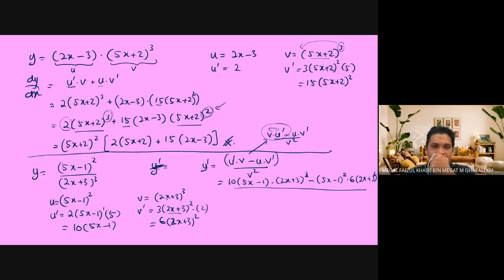V is this one here. So if we square this, 3 times 2 equals 6. So then (2x plus 3) to the power of 6.